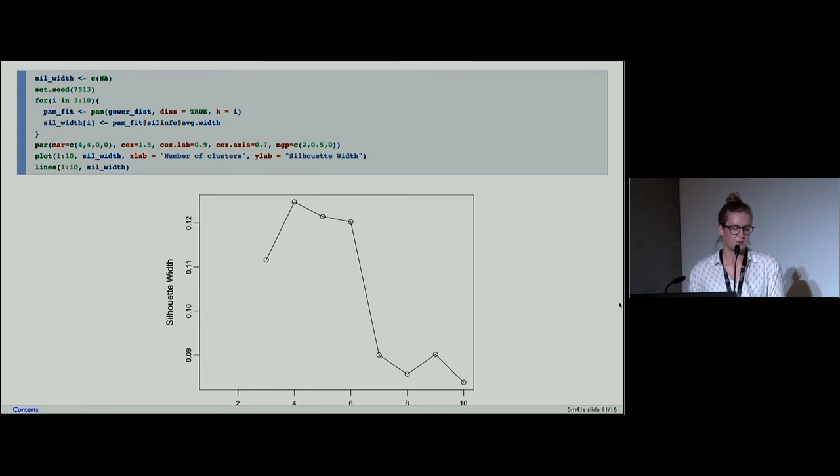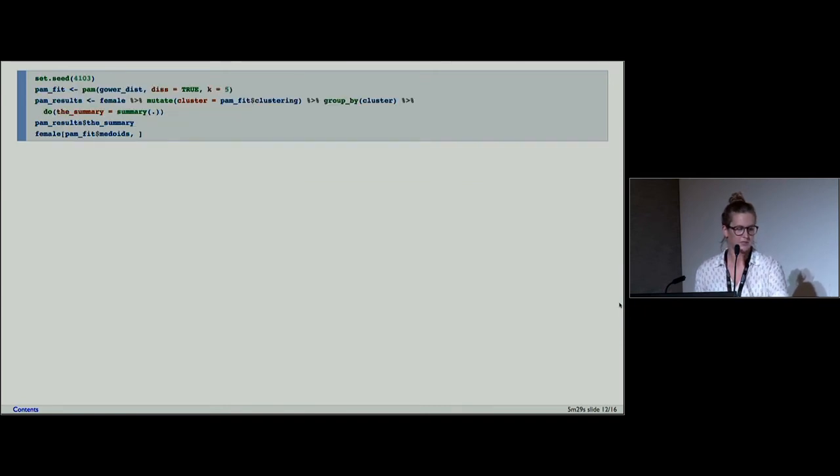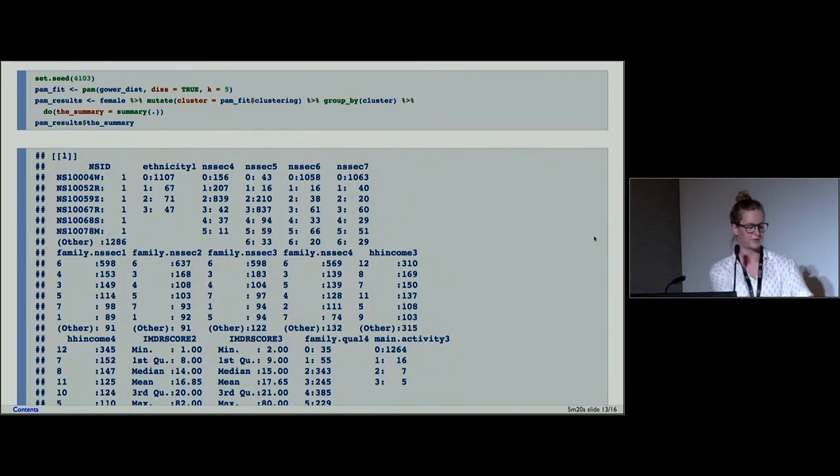So in the end, I chose 5 as the right number. And so finally, putting my dissimilarity matrix into the partitioning around medoids algorithm with k set to 5, I got a very nice summary of all the 5 clusters.